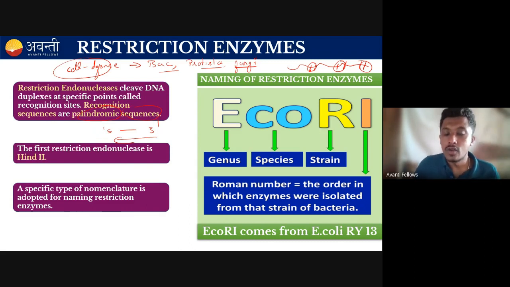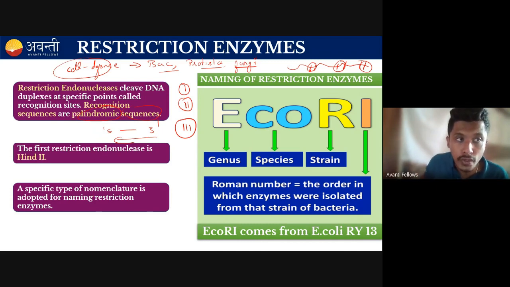Understood? So, what are the types of restriction enzyme we have? We have three types of restriction enzyme: type 1, type 2, type 3. In restriction enzyme, the major category is of two types. One is called exonuclease and the other one is called endonuclease.